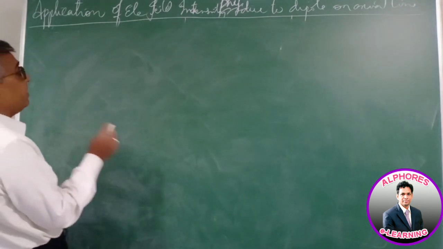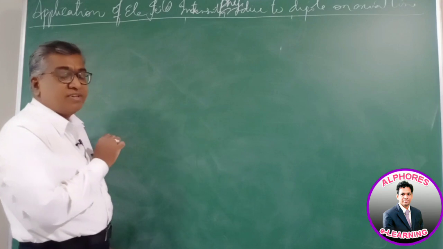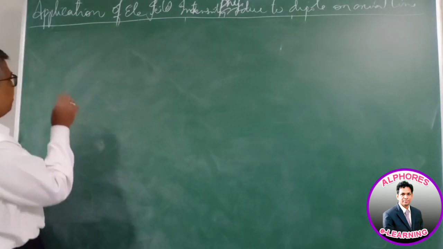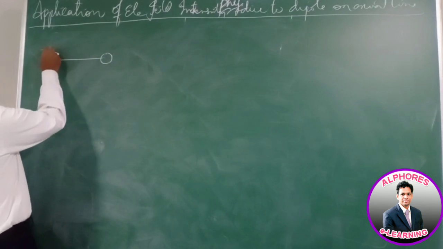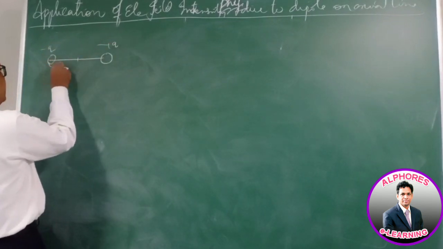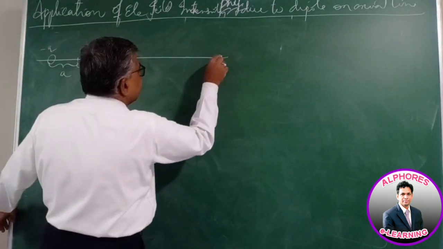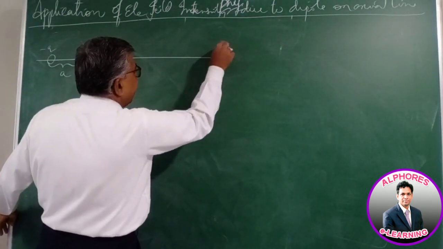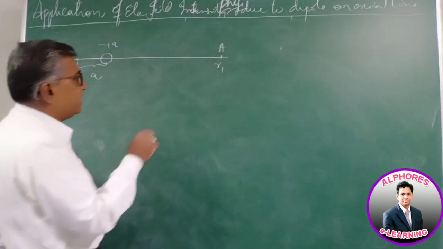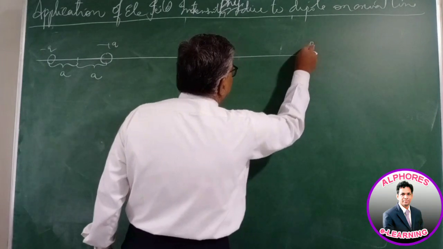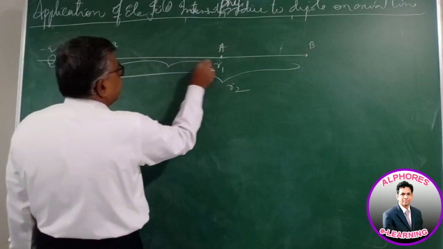Now instead of taking it as a short dipole, had it been a bigger dipole, like a dipole with considerable distance between the charges, minus q and plus q, each at a distance a from the center. Now I am considering a point, let us say A, at a distance r1, and there is another point B at a distance r2 from the center of the dipole.